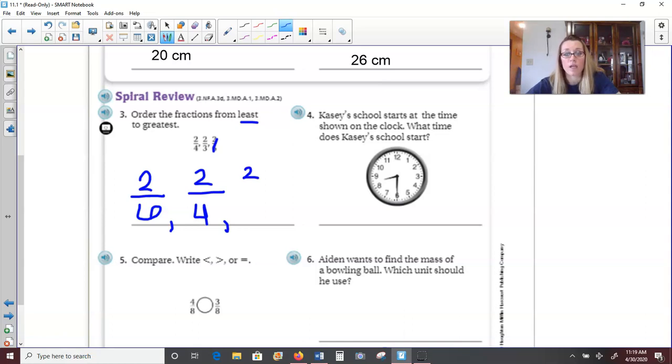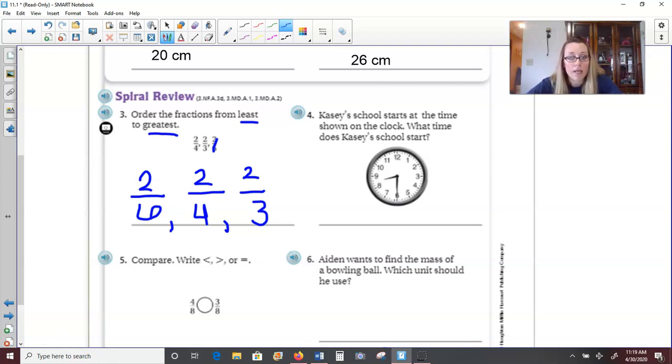And the greatest would be 2/3 because if you think of a pizza being cut into only 3 pieces, those pieces are going to be much larger than the same size pizza that was cut into 6 pieces. So we have 2/6, 2/4, 2/3 from least to greatest.